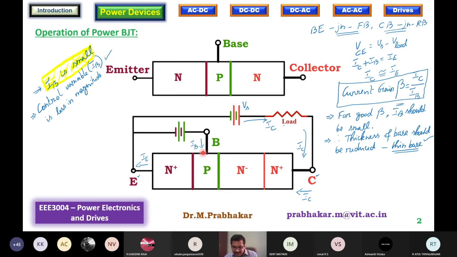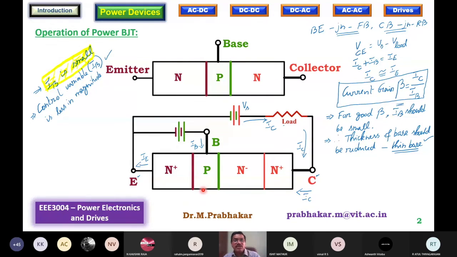Now, when the base layer is very, very thin and a reverse voltage is applied, there is every possibility of shorting. The base is going to be shorted out if it is very, very narrow, because the depletion layer will simply penetrate into the P layer and touch the N plus P junction. So the flip side or the drawback of having a thin base is low voltage blocking capability.